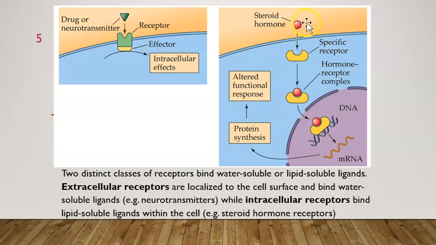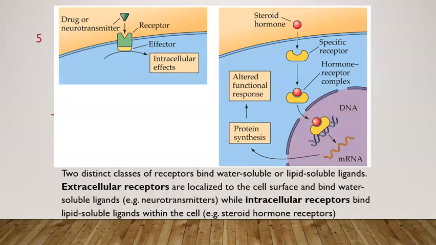Maybe a steroid hormone is the ligand. It's going to have to pass through the cell membrane and then bind. And then the hormone-receptor complex that it creates will travel and have an action someplace else. So these are the two distinct classes of receptor binds, for either water-soluble or lipid-soluble ligands.